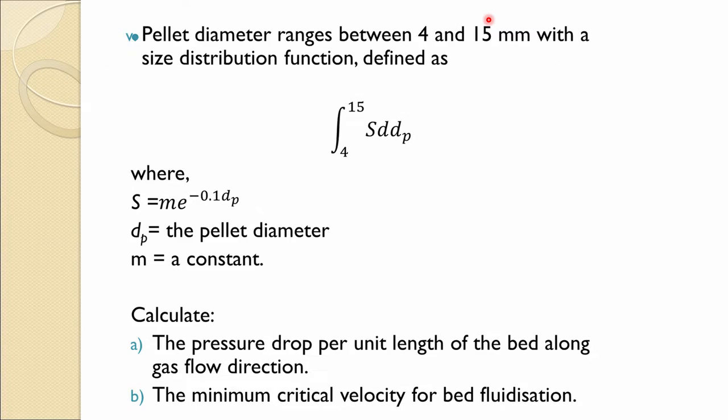Now, it is asking about the minimum critical velocity, so the minimum critical velocity has to be related to the minimum particle size diameter. So, we have to consider 4 millimeter, the particle diameter which is the minimum one. With respect to that, we have to calculate the minimum critical velocity, because this is the one which will fluidize first.